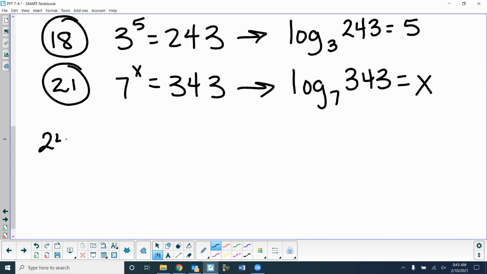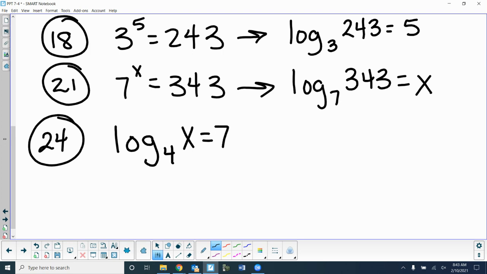24, I think it's going the other way, isn't it? Giving you a log and you have to write it exponentially. Yeah, log base 4 of x equals 70. An exponent problem.